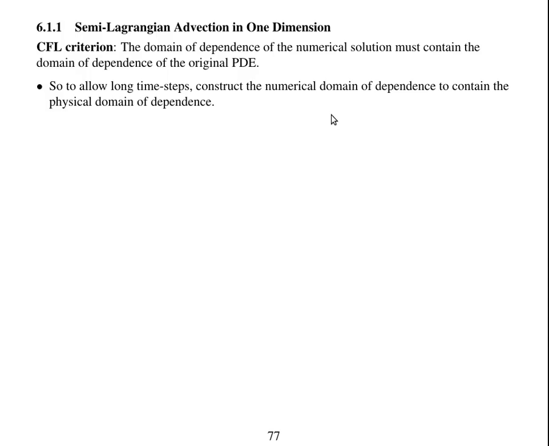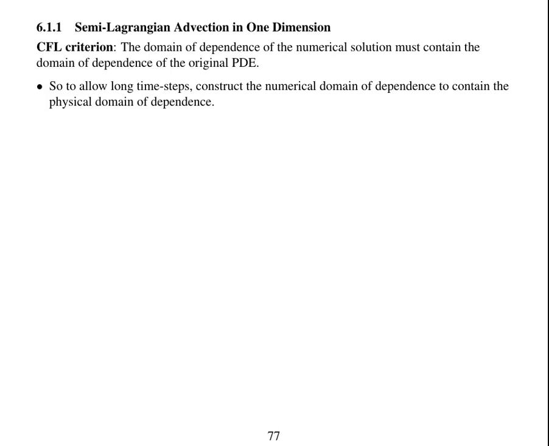Now I'm going to describe exactly how this works in one dimension. So remember the CFL criterion: the domain of dependence of the numerical solution must contain the domain of dependence of the original PDE for stability.